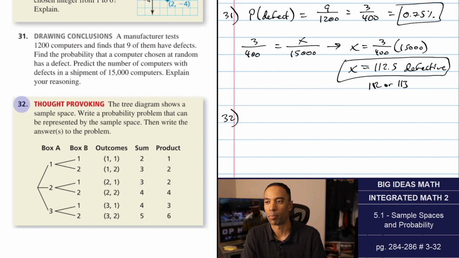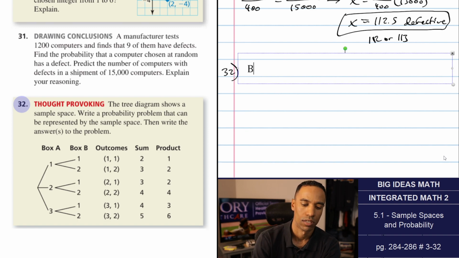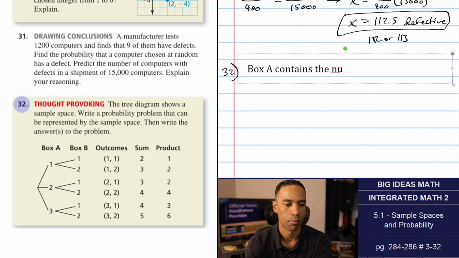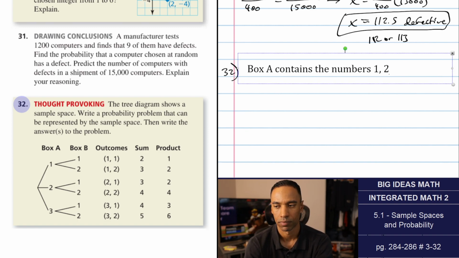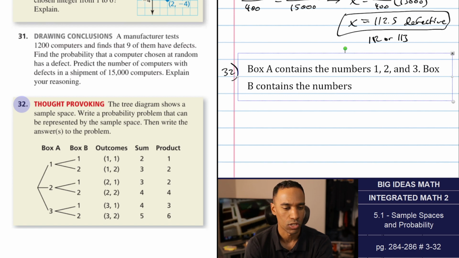They said write a problem. So, okay. Box A contains the numbers 1, 2, and 3. Box B contains the numbers 1 and 2.